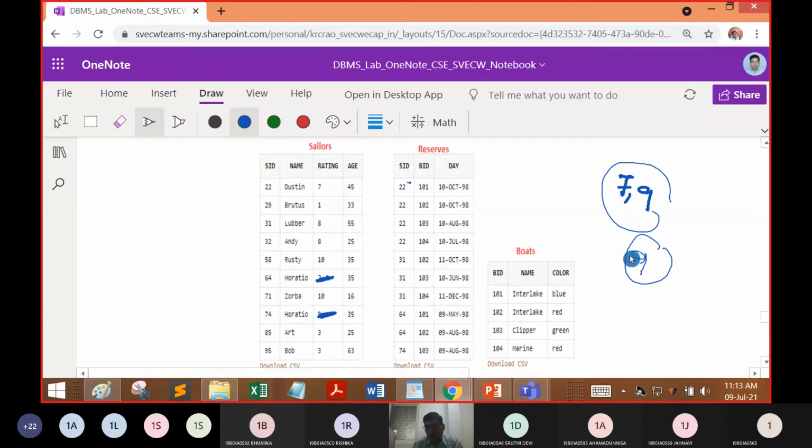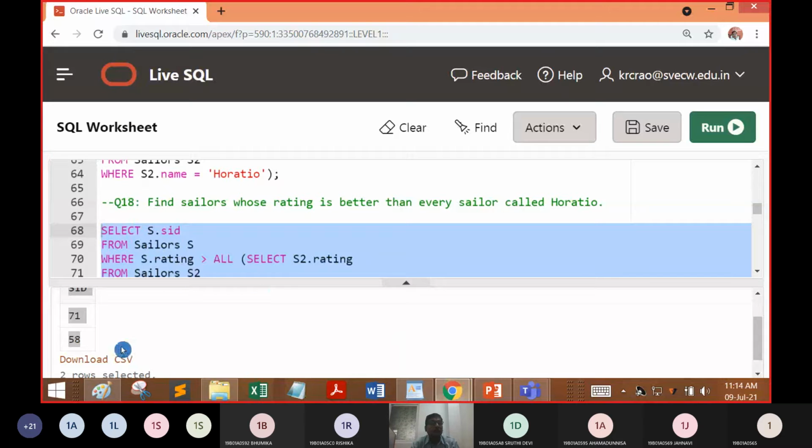Now this 9 is going to be considered. So obviously we will not take up the 7, even though Horatio number was there. So we get only one, that is Rusty, and another we get only the Jorba's record. That is, one we call it as 58 and another we call it as 71. So these two are the records what we are observing at this point of time.